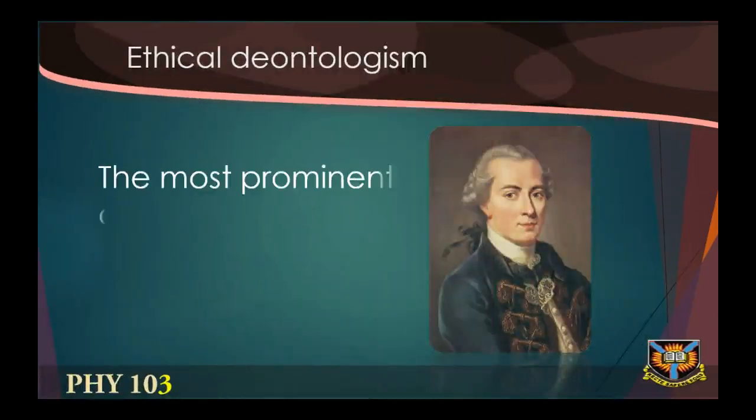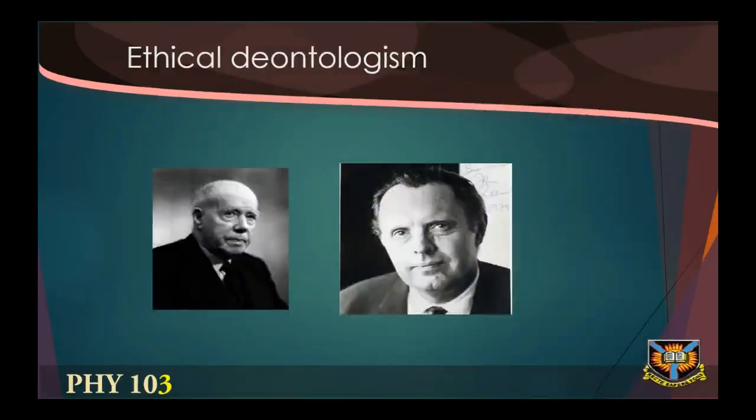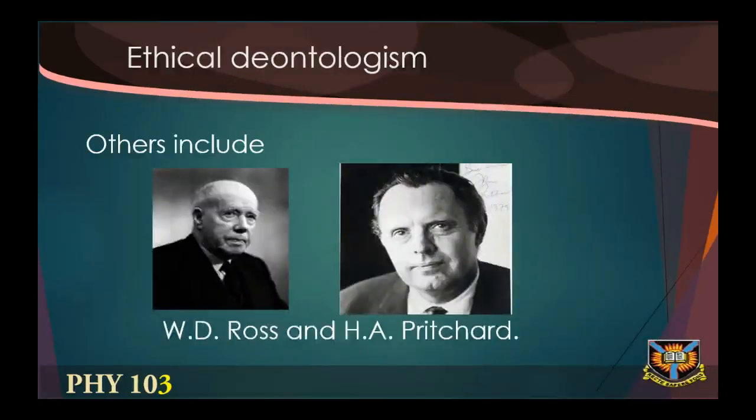Perhaps the most prominent advocate of ethical deontologism is Immanuel Kant. Others include W.D. Ross and H.A. Pritchard. Tip: ethical deontologism contends that an action is not to be determined morally right or wrong by an evaluation of the consequence or utility of actions.